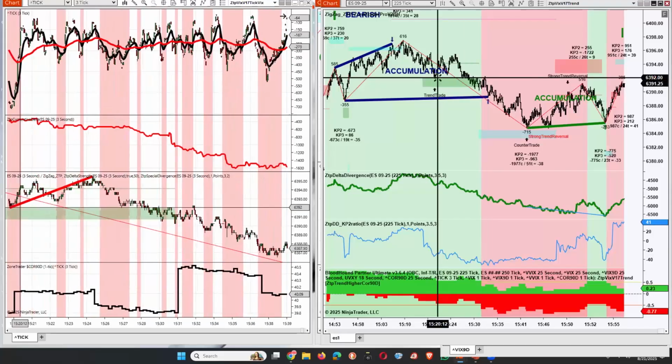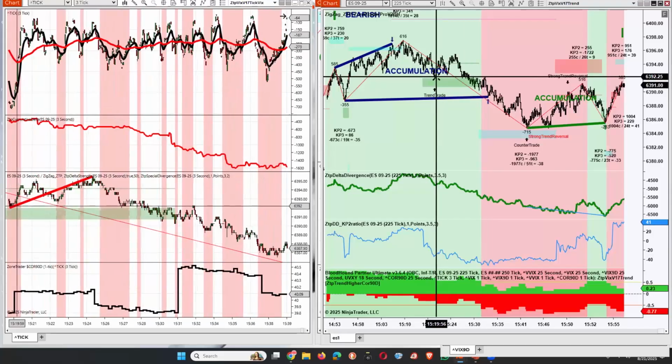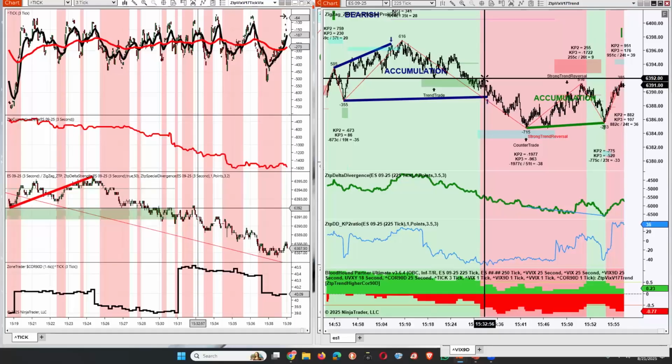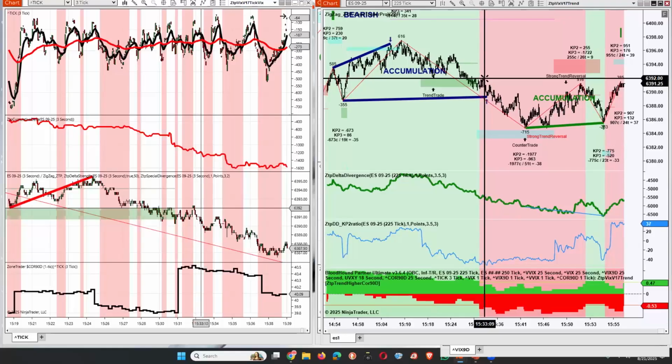There really wasn't a reason to be long right here. And at this point where you've got a wash, there are even fewer reasons to be long. And that's kind of the point of BloodHound. It's doing a lot of work so that you don't have to.